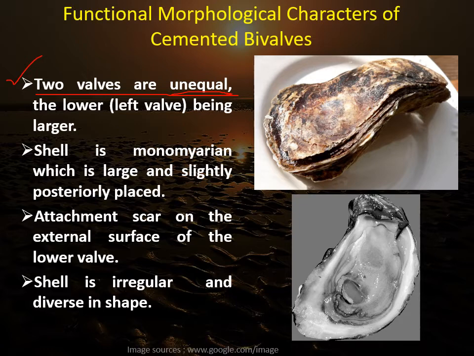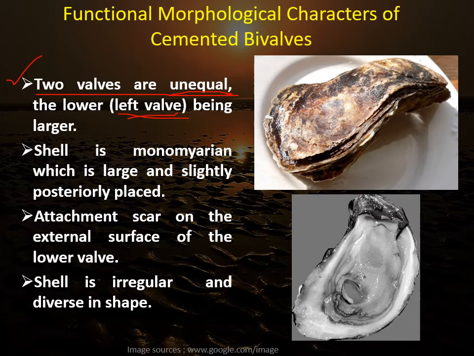And in this case, it is the left valve or the lower valve which is interacting with the environment more, by attaching this lower valve or left valve firmly to the hard substrate by cementation.